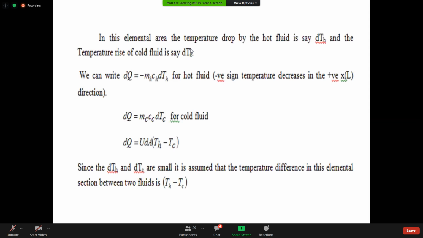In this elemental area, the temperature drop of the hot fluid is dTh and of the cold fluid, dTc. I will first do the analysis for that elemental area. I showed it to you already. This difference is dTh and this difference is dTc. That is written.